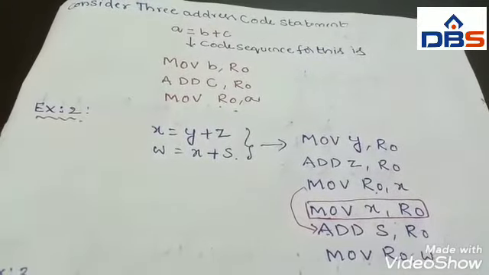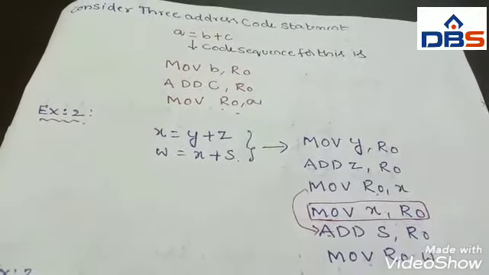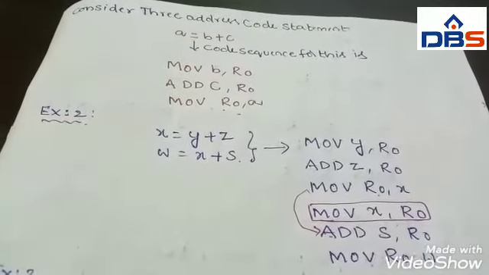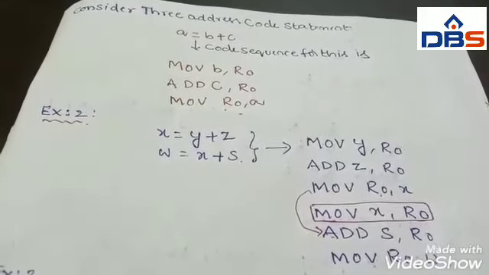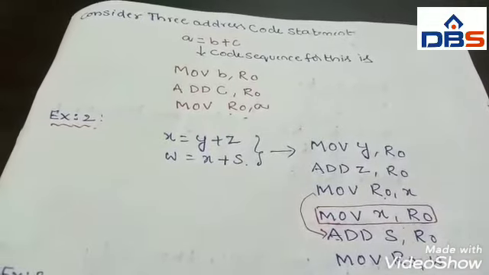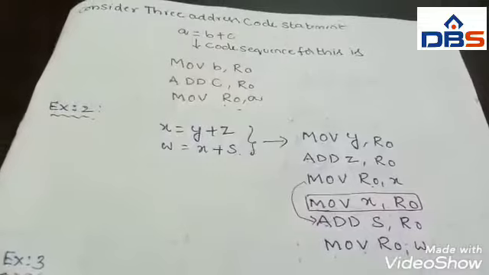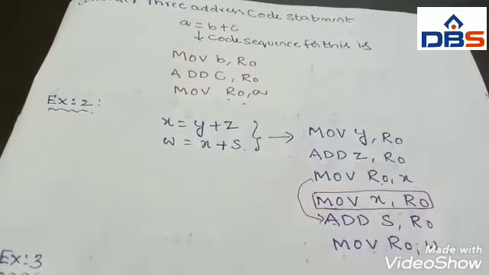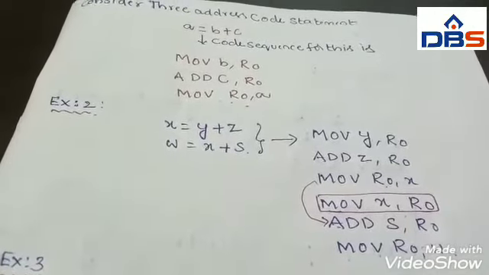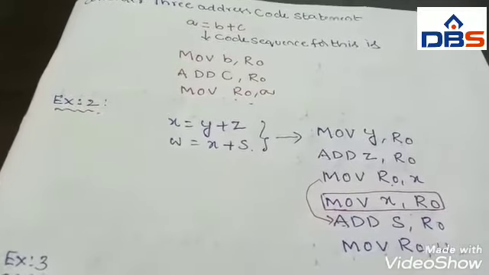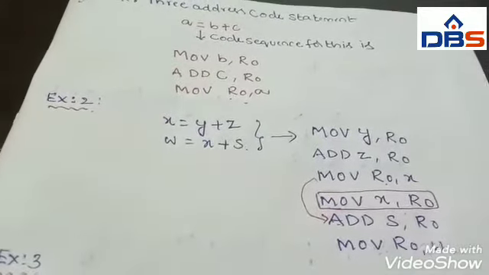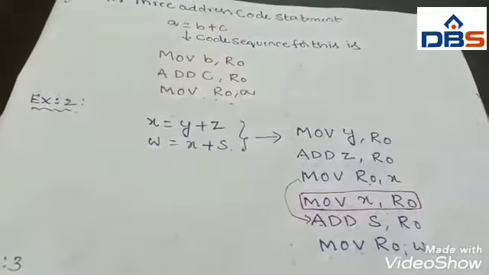Then the result in R0 is moved to x, that is move R0 comma x. Then in the second statement x must be moved to R0, that is move x comma R0. Then add s to the result, that is add s comma R0. Then finally that result should be moved to w, that is move R0 comma w.